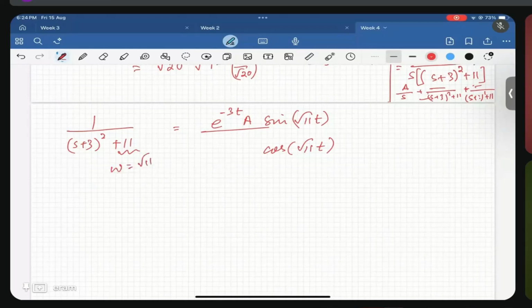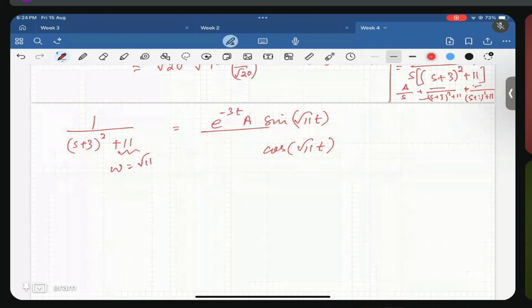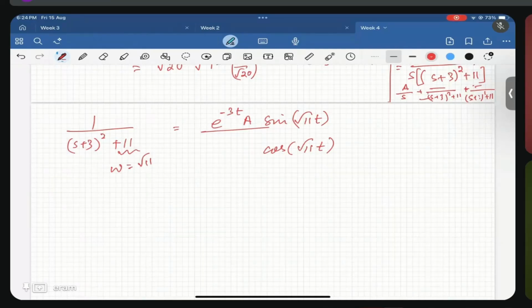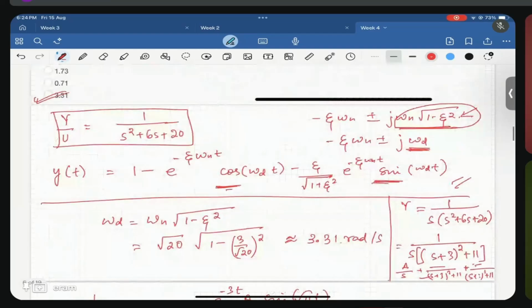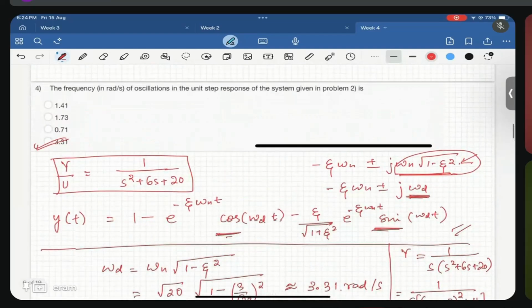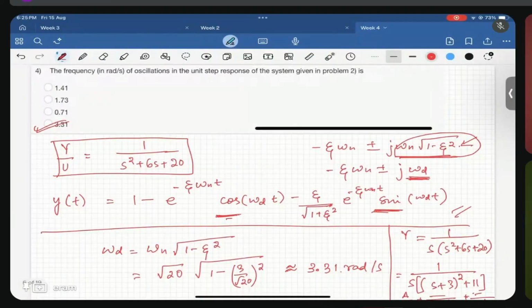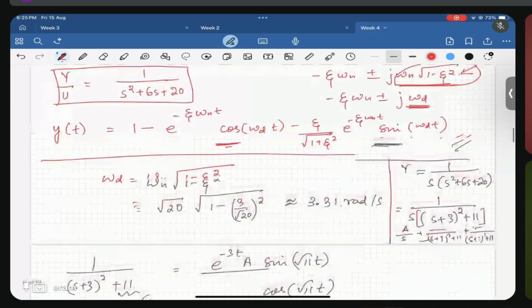So if you take under root 11, you will get the same value. Can you check? So in this way also you can verify that the response will oscillate with the frequency 3.31.